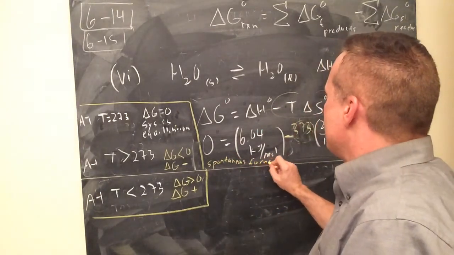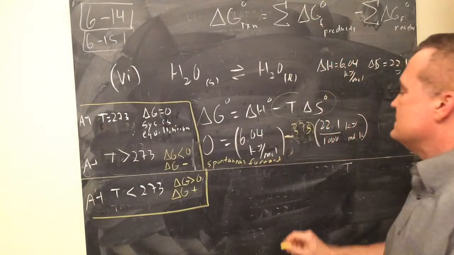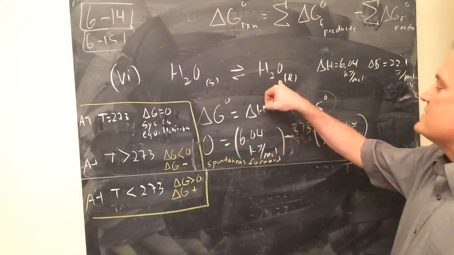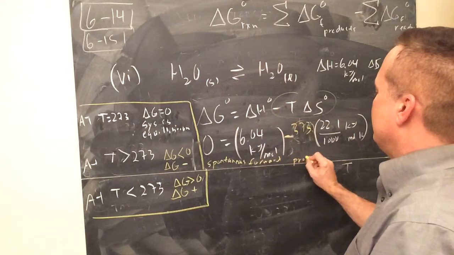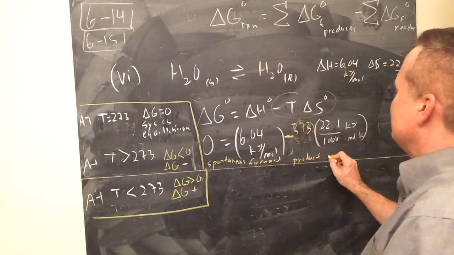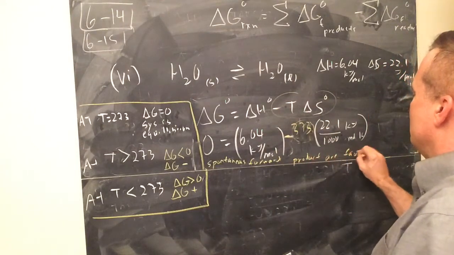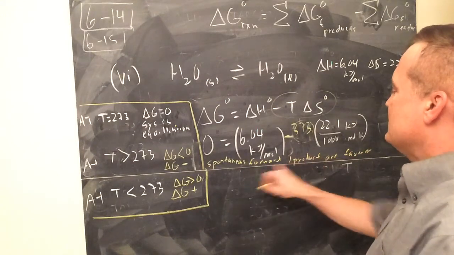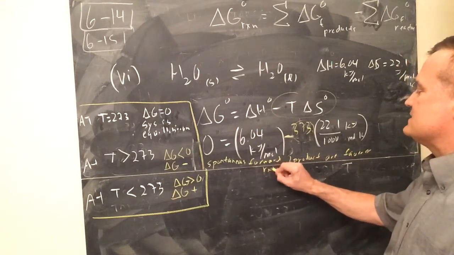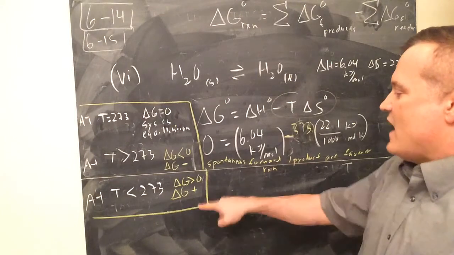Another way to say it is the products are favored. The product side of the equation is favored. So, forward reaction is spontaneous. The products are favored.